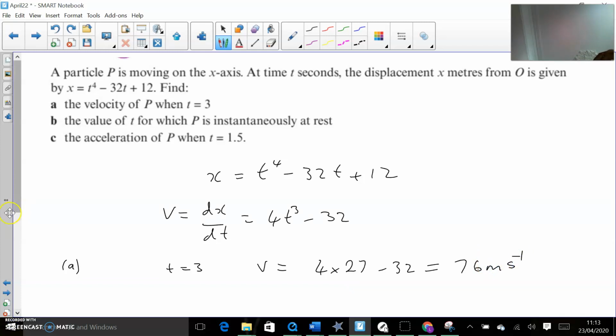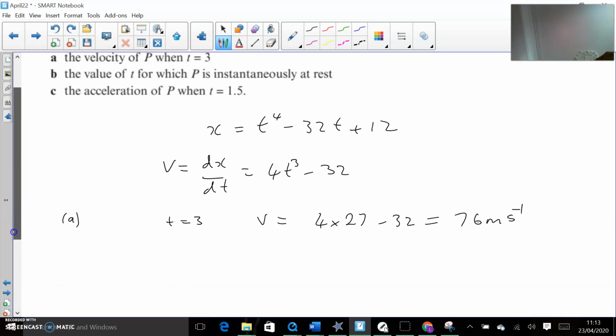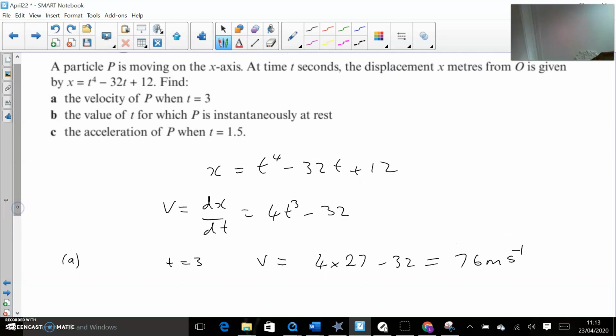So the speed is 76 meters per second. Velocity is of course a vector, so we need to give a direction. Here the particle is moving along the x-axis, so it's one-dimensional.